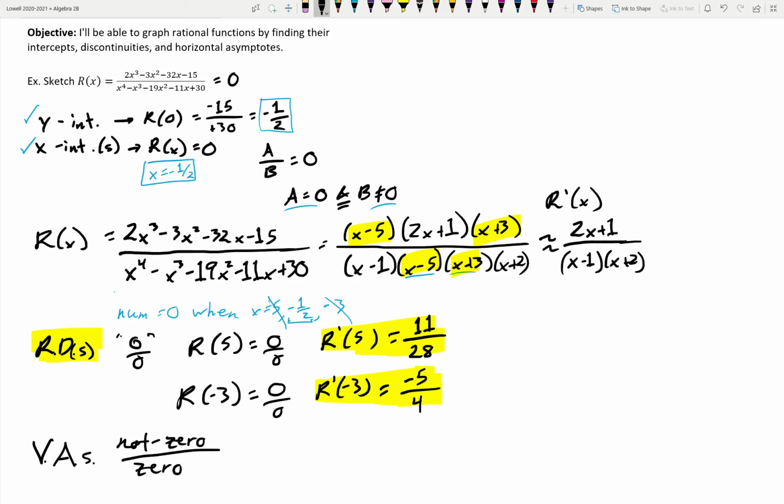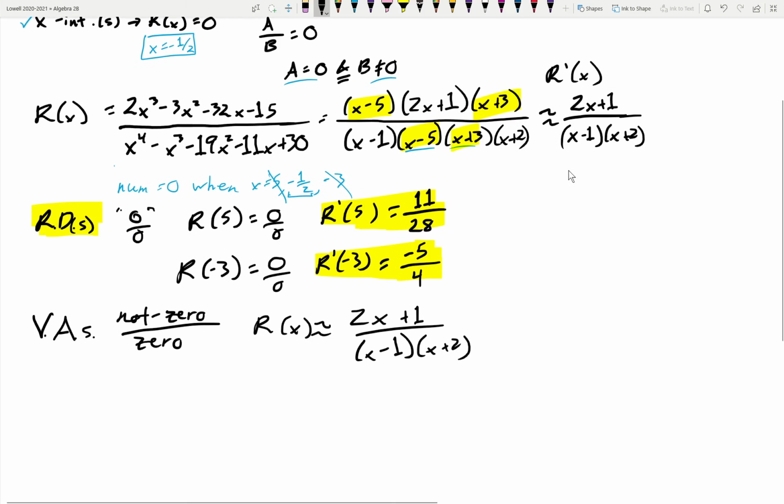When is this going to happen? Well, r of x is roughly equal to this, not counting the removable discontinuities. We're looking at when our denominator is equal to 0, so if I illustrate that in purple, we get x equals positive 1 or negative 1/2. So these are our vertical asymptotes.